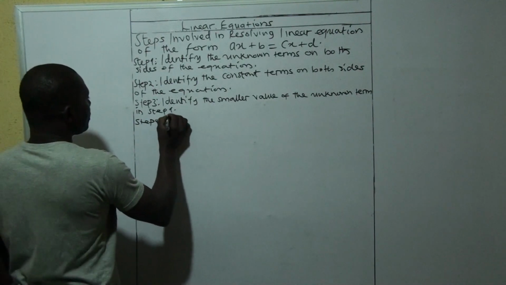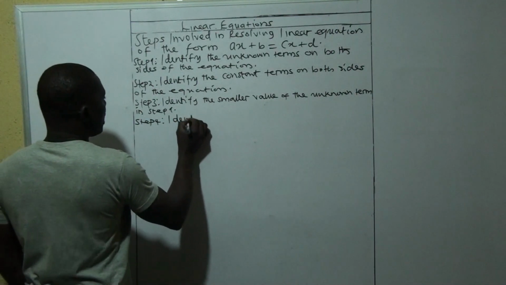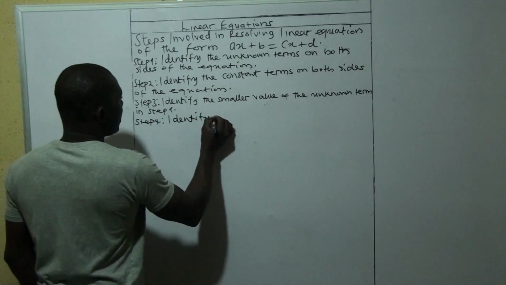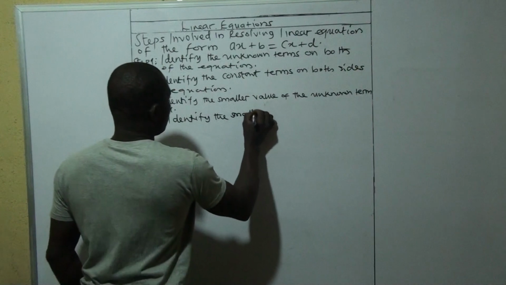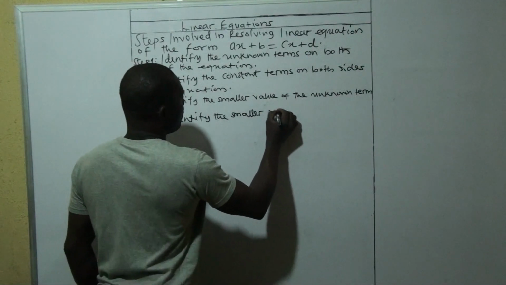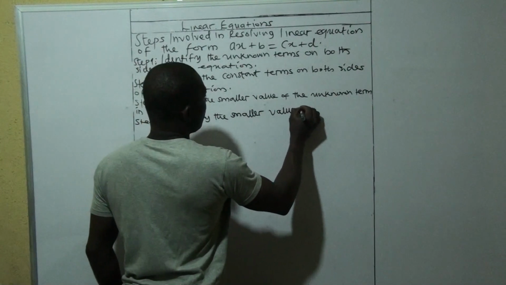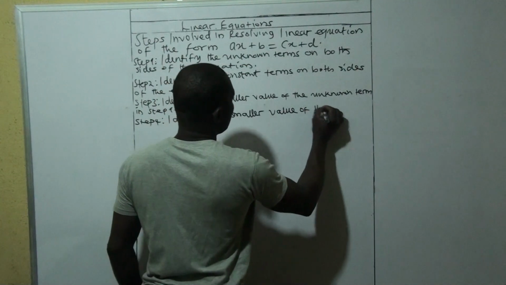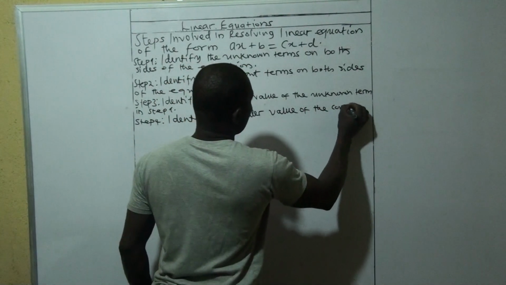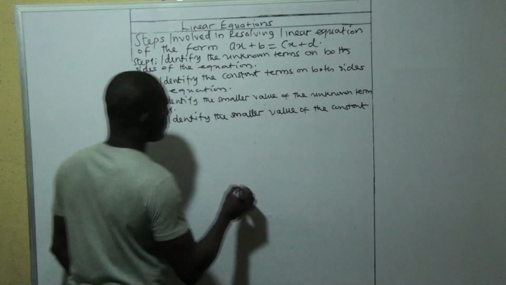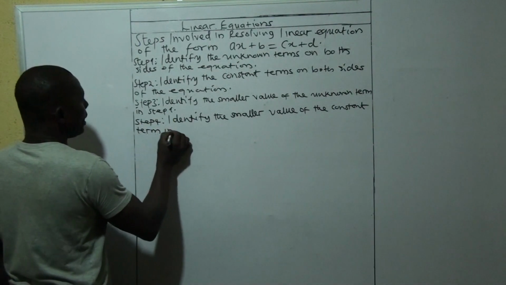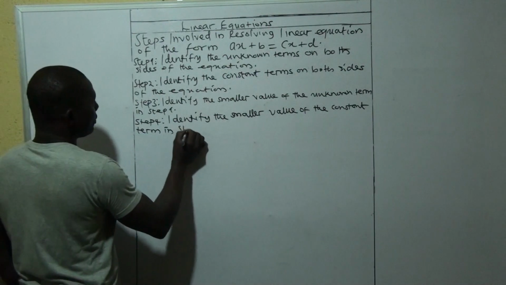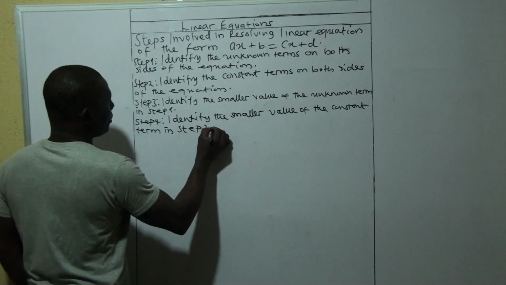Step 4: identify the smaller value of the constant term in step 2.